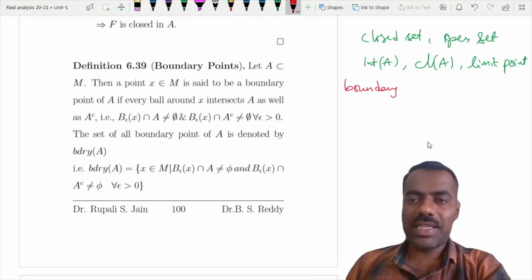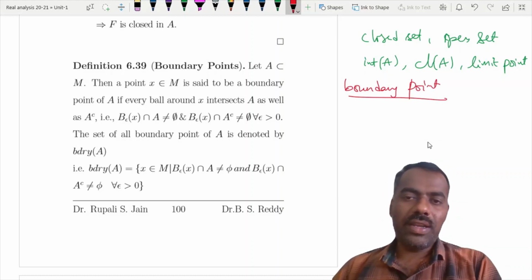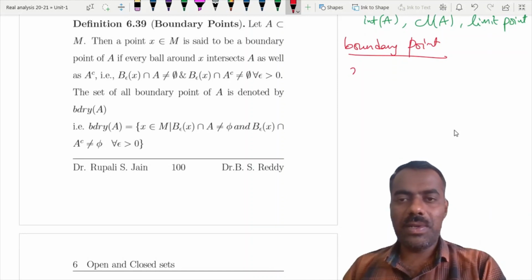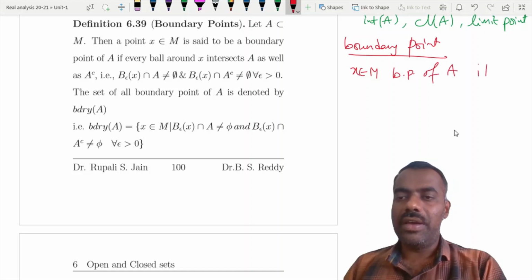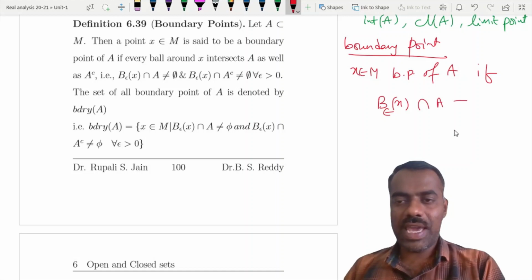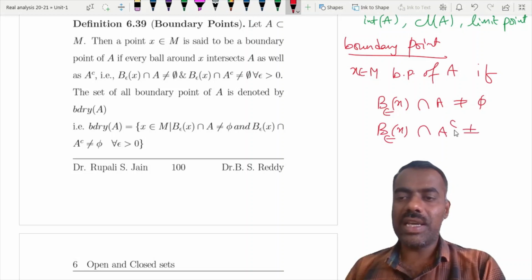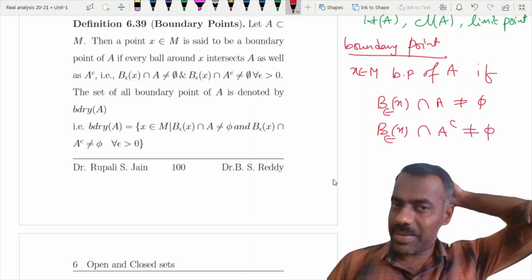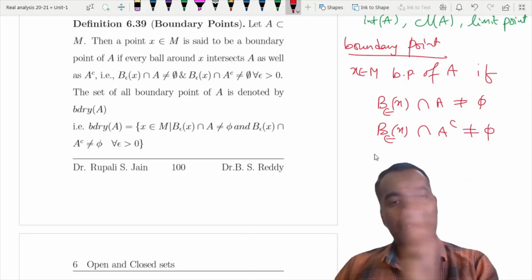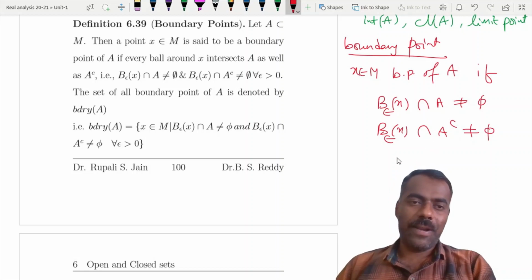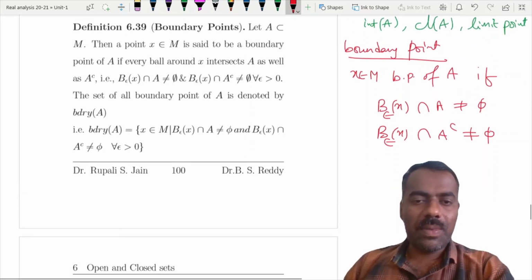The name itself suggests it should be a boundary. We say that x belongs to M is a boundary point of A if every ball around x intersects A, as well as every ball around x intersects A complement. That means if you go to one side, it should be in A, and if you go just to the other side, it should be in A complement. Then we call it a boundary point.